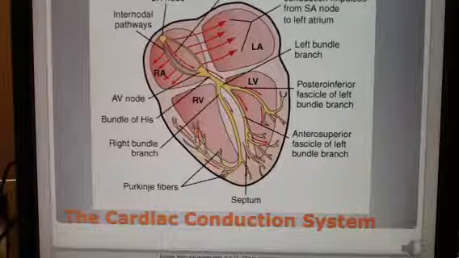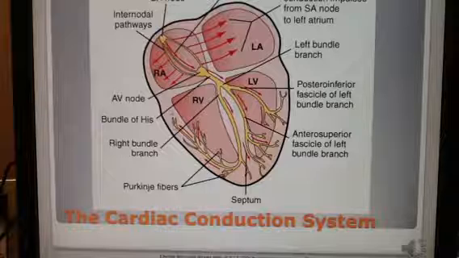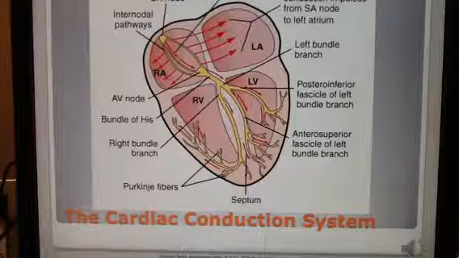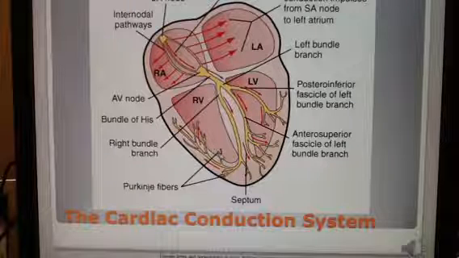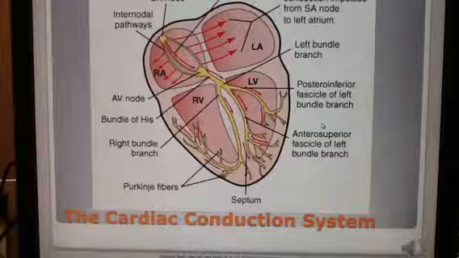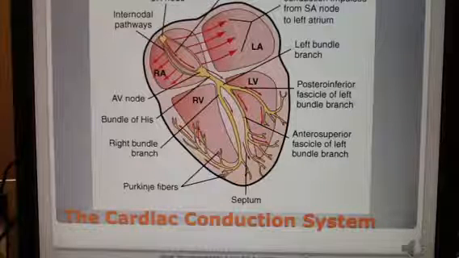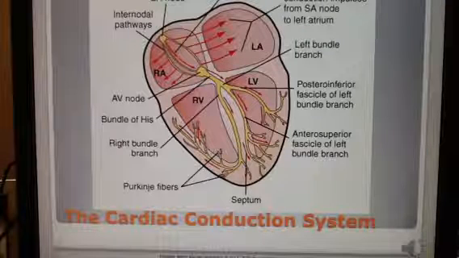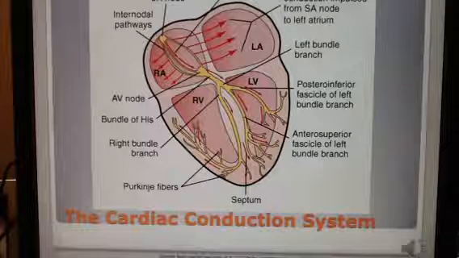And finally, we have the Purkinje fibers, these little fibers at the end that actually do the stimulation of the ventricles. And once those Purkinje fibers stimulate the ventricles, that is when the ventricles contract.